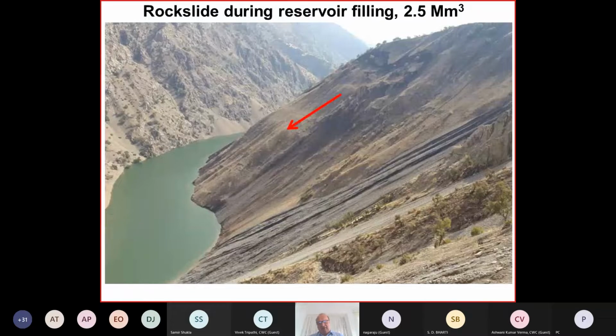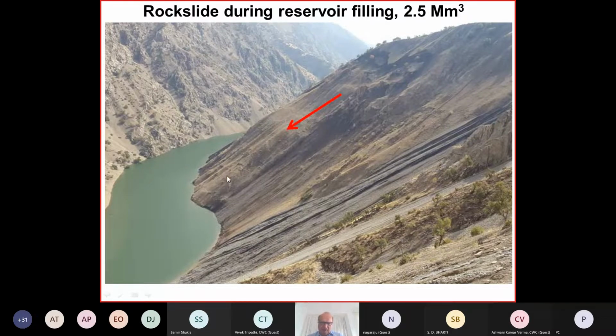The most critical one here had a volume of about 2.5 million cubic meters. We see the scarp, which started to move down here, but the movement was a slow movement.